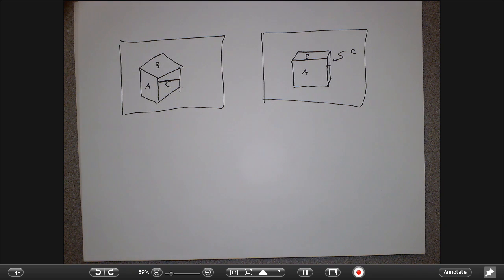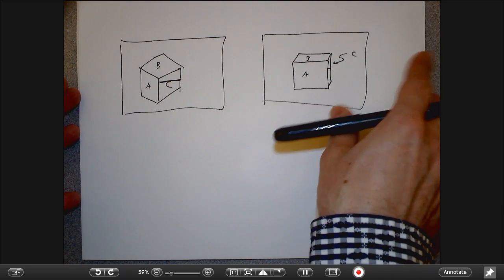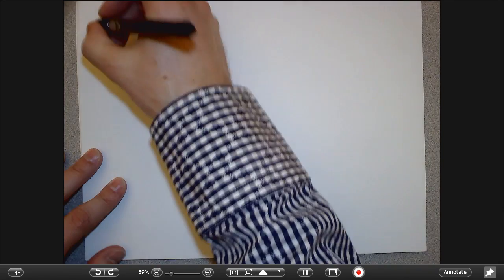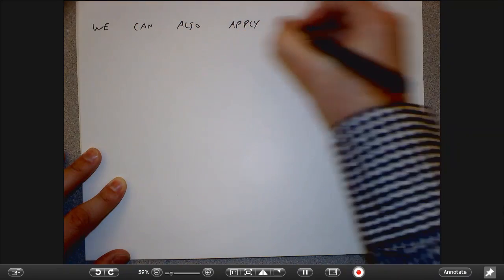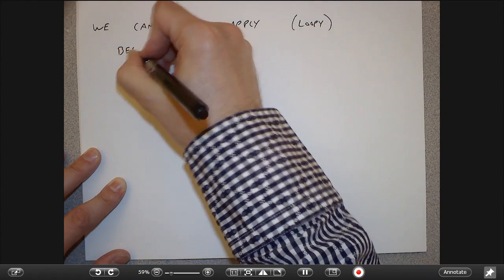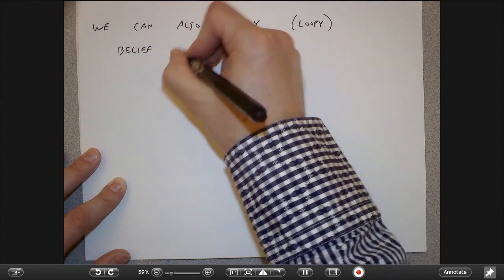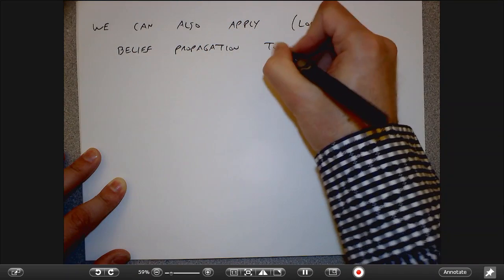Okay, so I think I said this verbally a couple times already, but we can also apply what I would call loopy belief propagation to stereo.